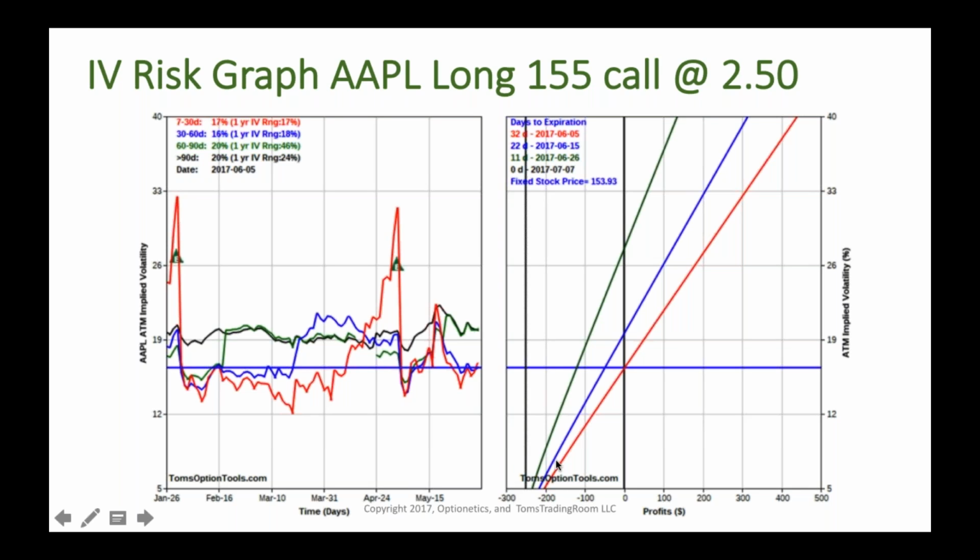With 11 days to expiration, that loss would increase to just above 150, and so forth. Okay, so that's how you look at the IV graph and how it relates to your trade. By the way, the more that these stand up from top to bottom, the less volatility risk you have on that particular position.